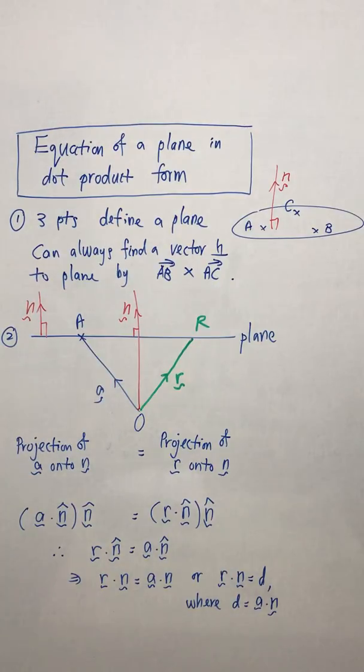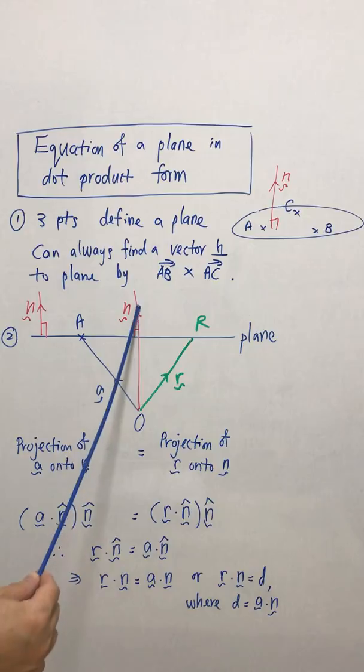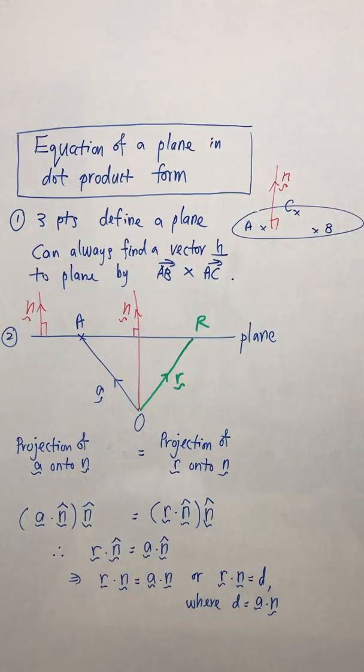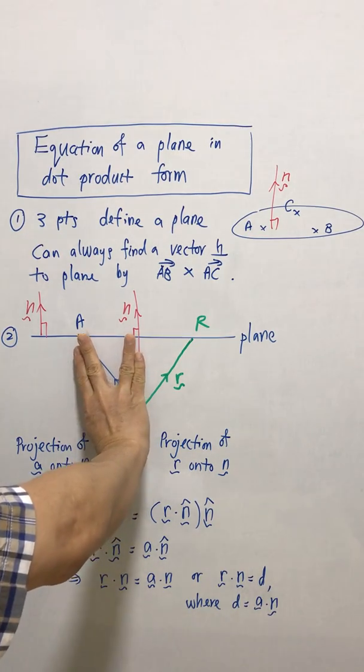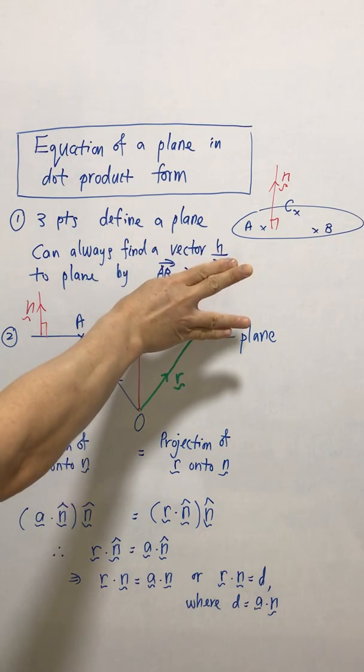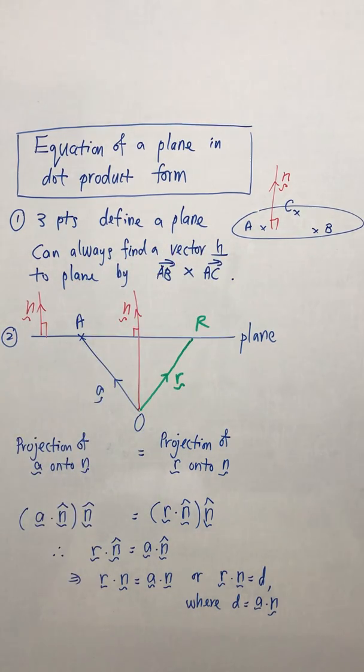So look at this diagram here. This vector A and this vector n is like the vector A and the vector B that we saw in the earlier diagram. If you visualize this vector A and n in this way, it looks like the A and B that we had in the earlier video.